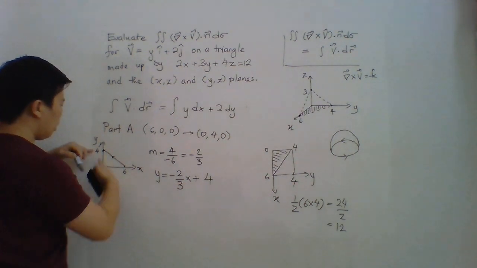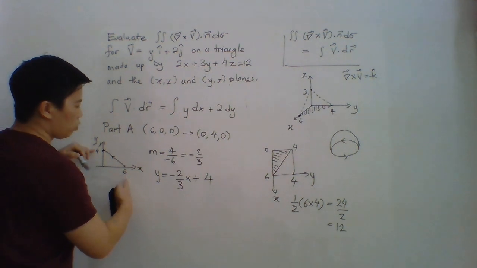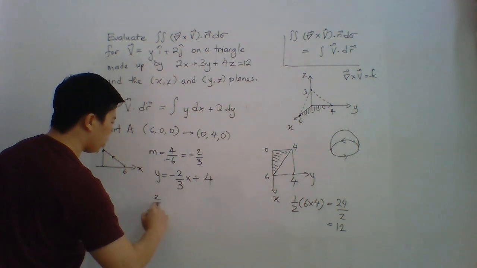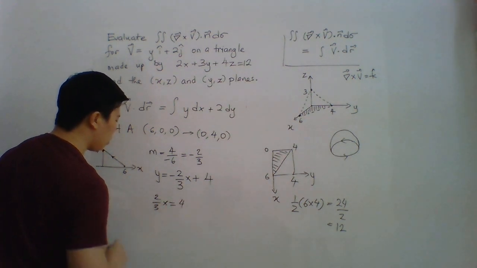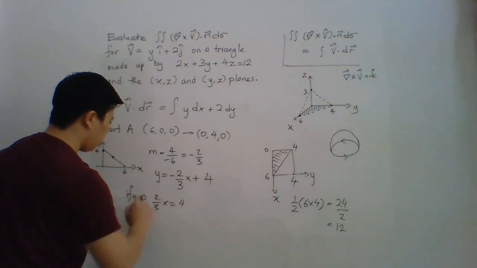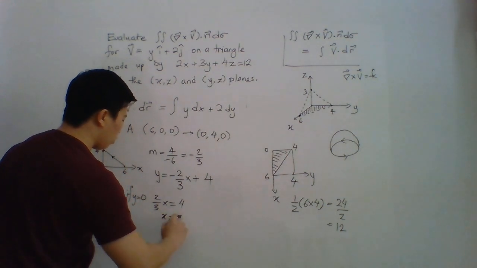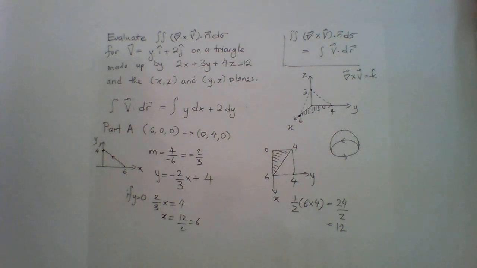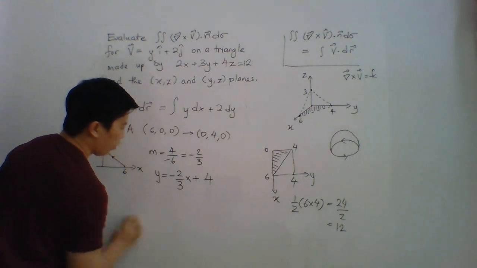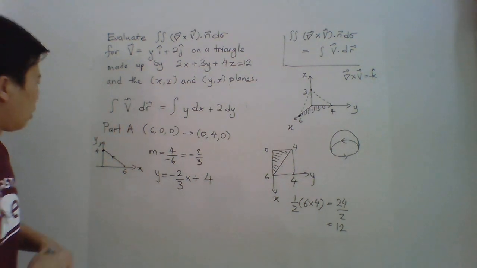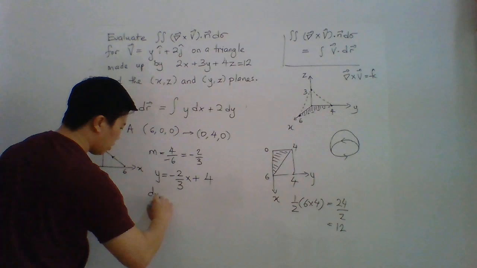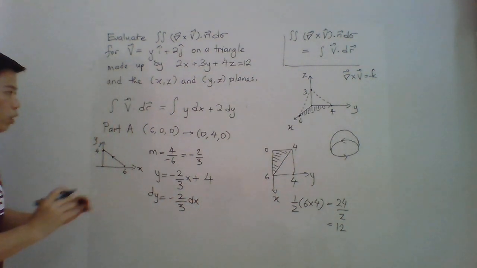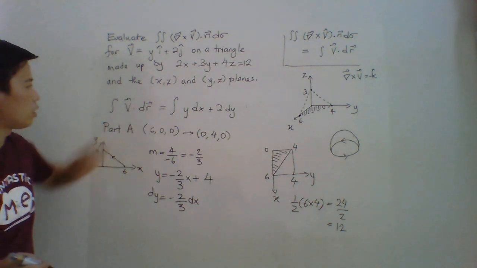You have this line, and now if your y is equal to 0, right? So you are going to have 2 over 3x equals 4. That is if y equals 0, and then your x is going to be equal to 12 divided by 2 equals 6, and you have this point. So now when we have an equation of line, you will want to find what is dy. This is going to be negative 2 over 3 dx. So now we have everything that you need, and you can evaluate this integral.